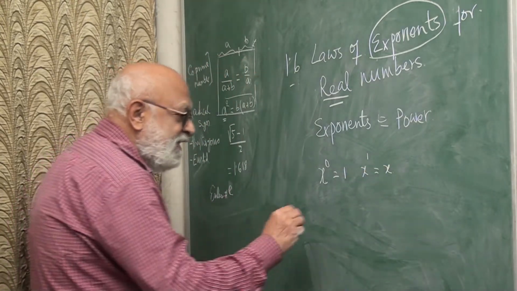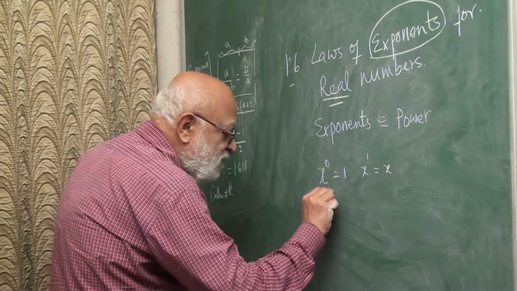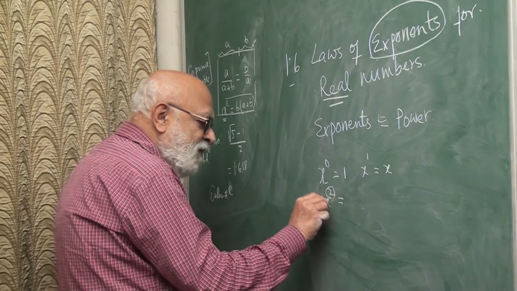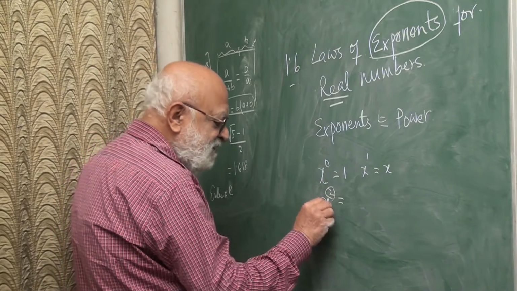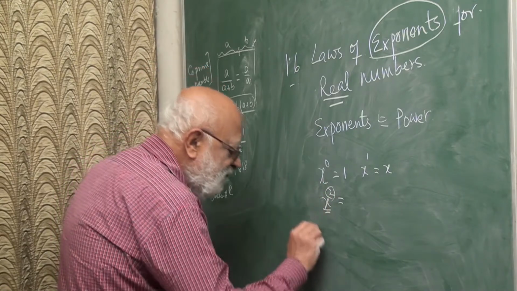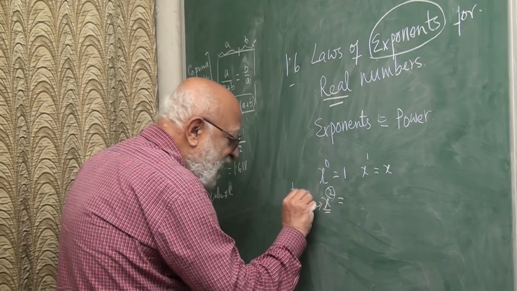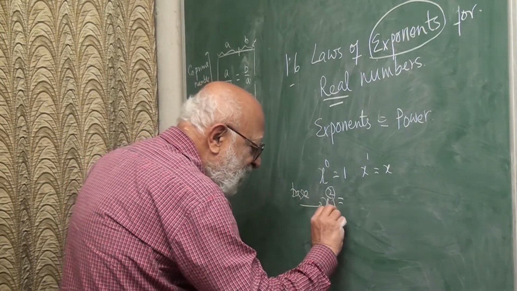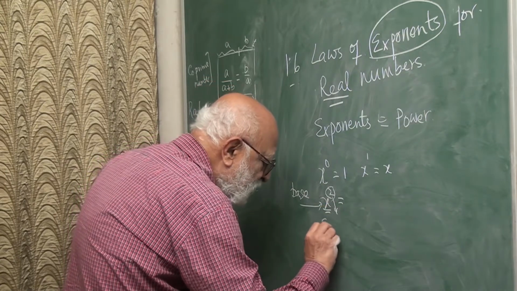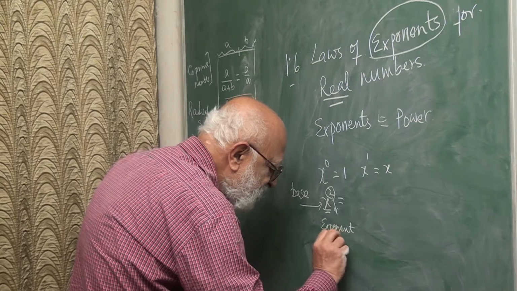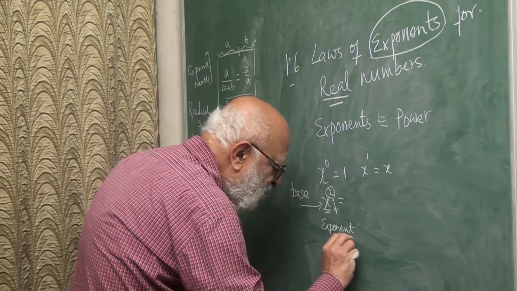What is x to the power 2? To the power means multiply the same base. This is called base, and this is called, as I said, exponent or power.